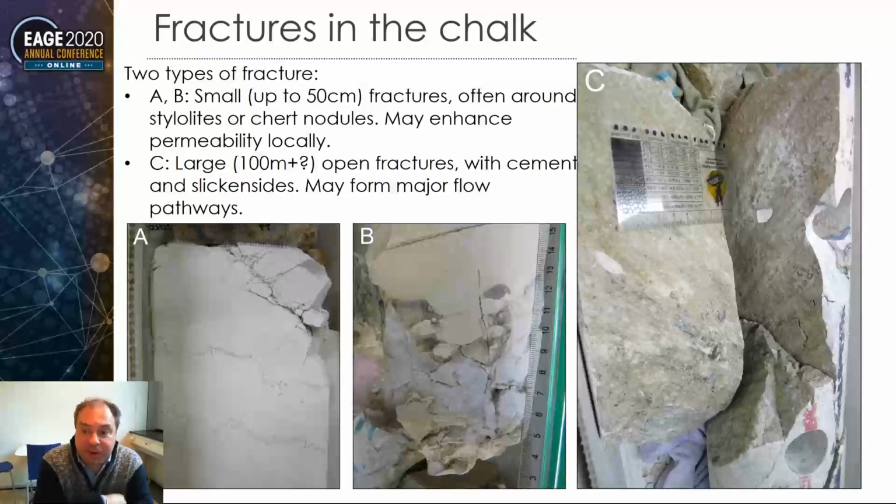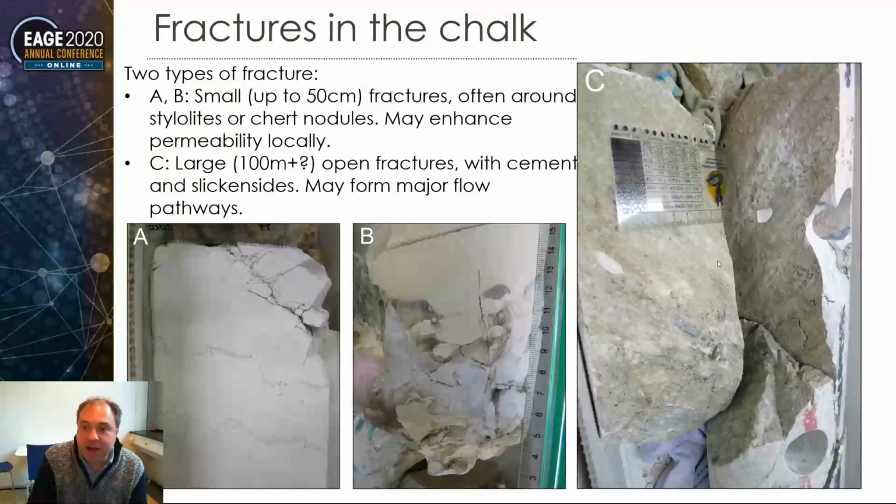We observe many of these fractures in the core, where we see two main types of fractures. Firstly, we see a number of small fractures, typically up to about 50 centimetres in size, often related to features such as stylolites or chert nodules, and these may provide a local permeability enhancement.